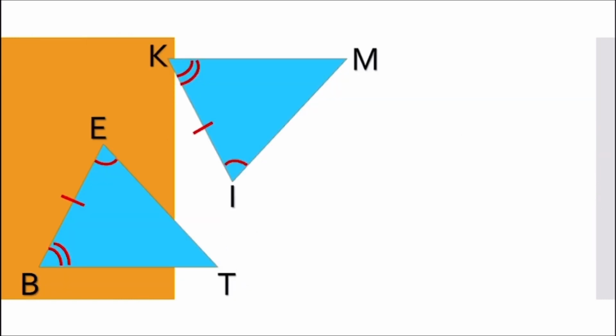Using triangle BET and triangle KIM, we can illustrate that these two triangles are congruent by ASA congruence postulate.